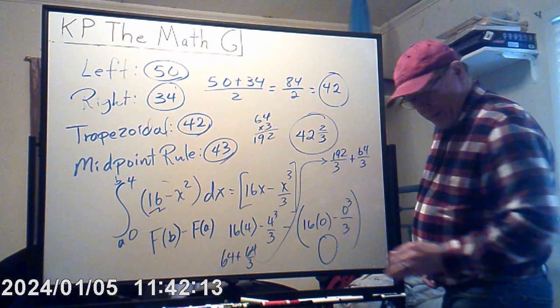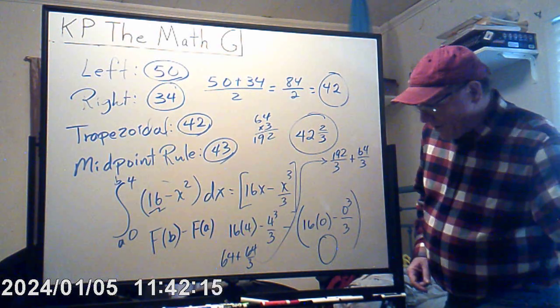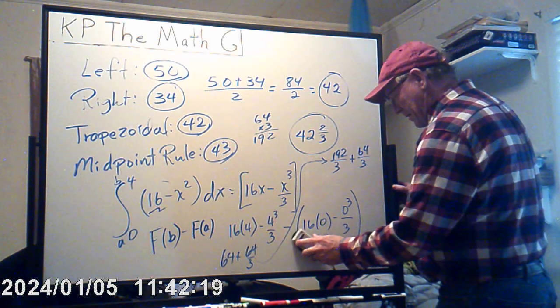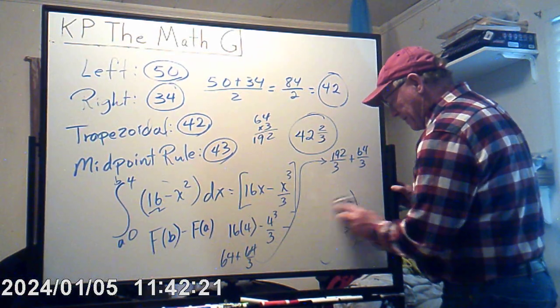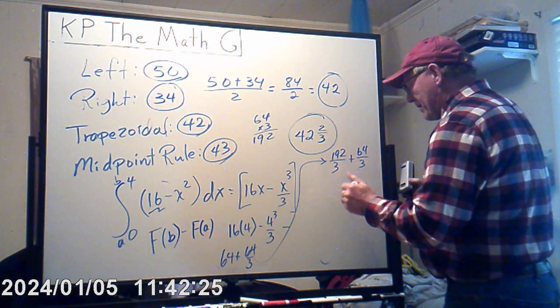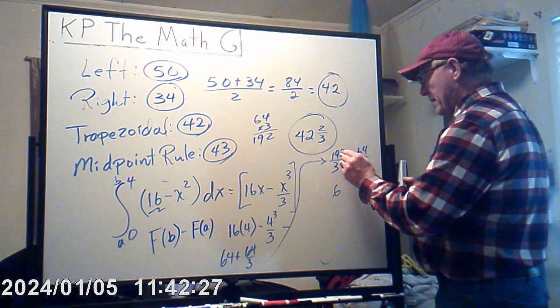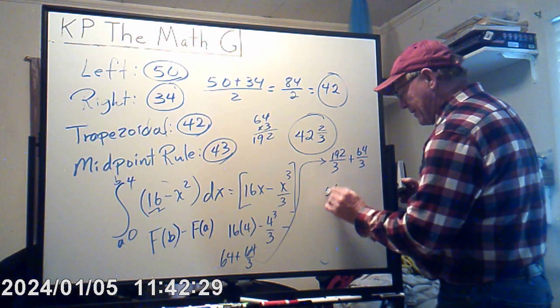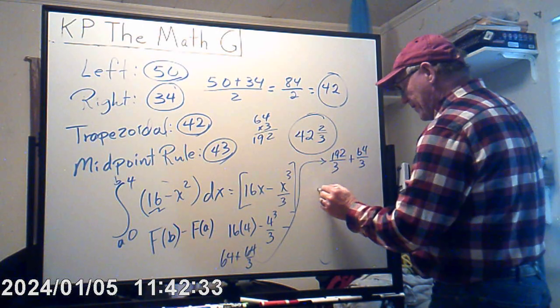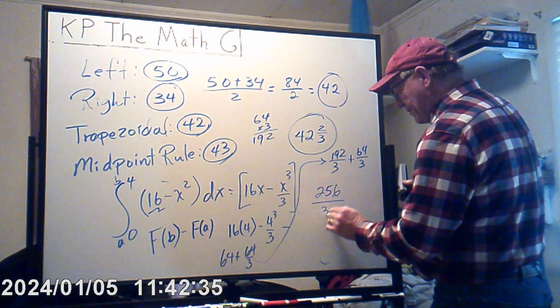Okay, and that, I'm going to get 42. No, I'm sorry. Let's see. 2 and 4 is 6. 6 and 9 is 15. Okay, and 256 over 3.